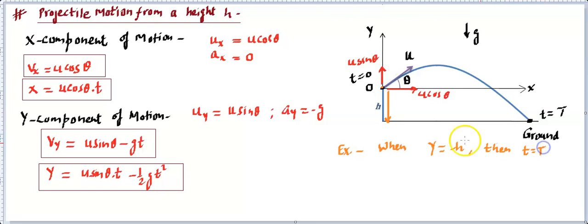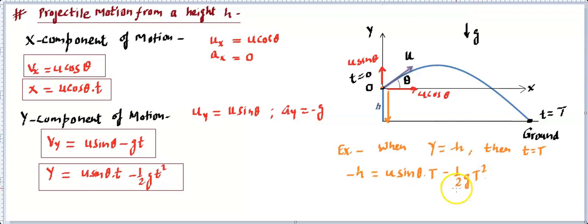So you need to search for an equation out of these four in which y and t are related. And once you look at this y, you will find this fourth equation is going to be useful. So in place of y put minus h, so the equation will become minus h is equal to u sin theta into t minus half g t square.